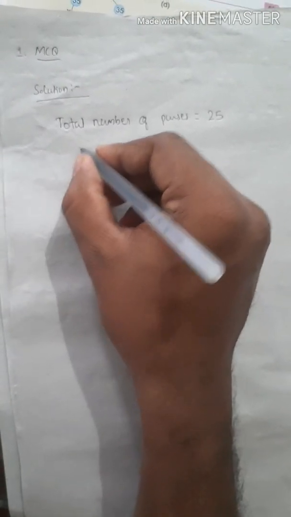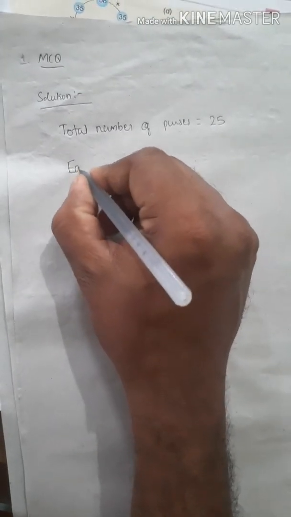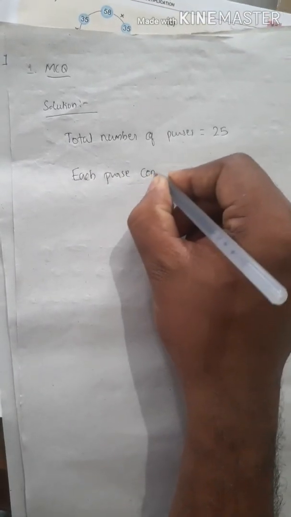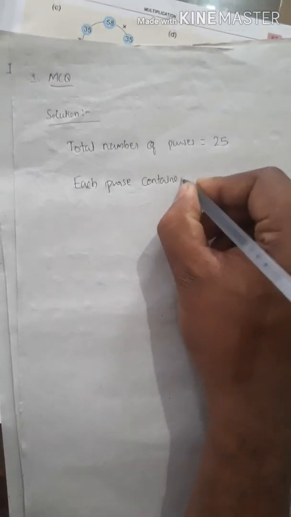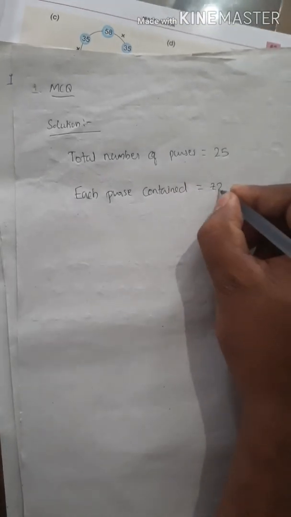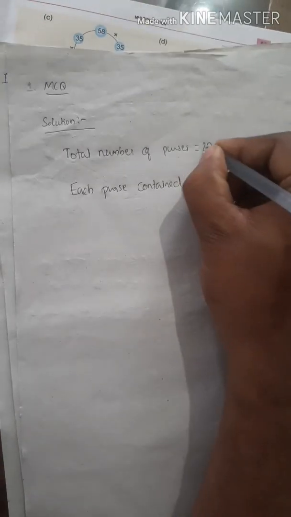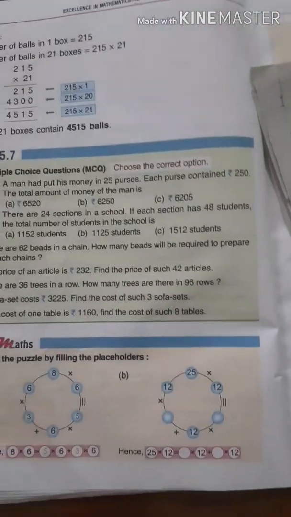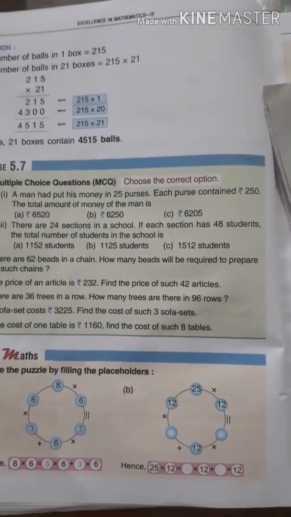Next sentence is that each purse contained is equal to rupees 250. So here one more sentence is there. The total amount of money of the man is.